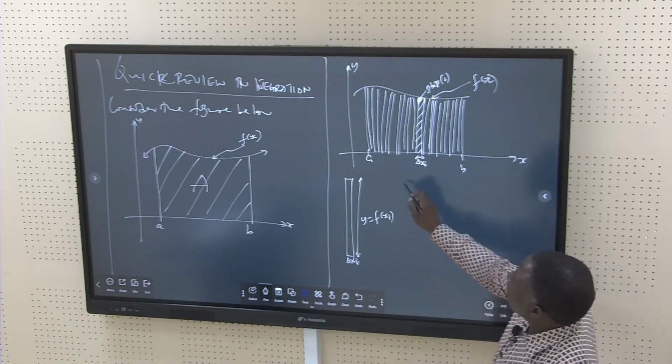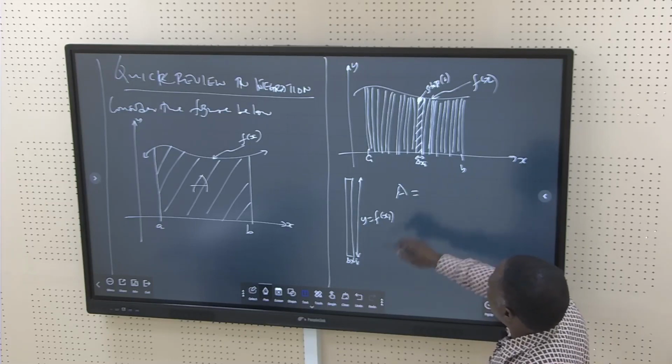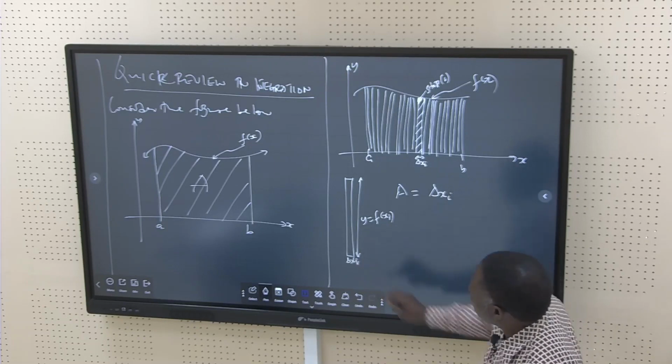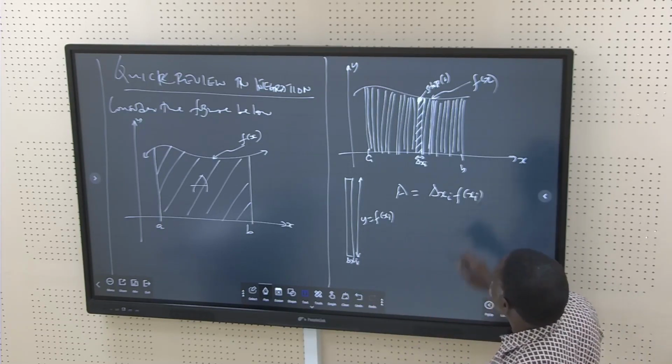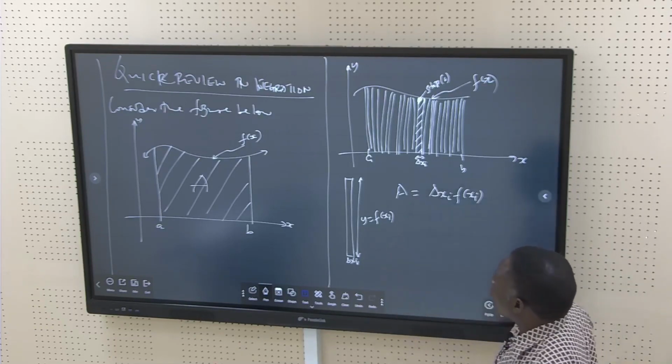So the area of one strip is given by base width times height, and the height is f of xi. But this is the area of one strip.